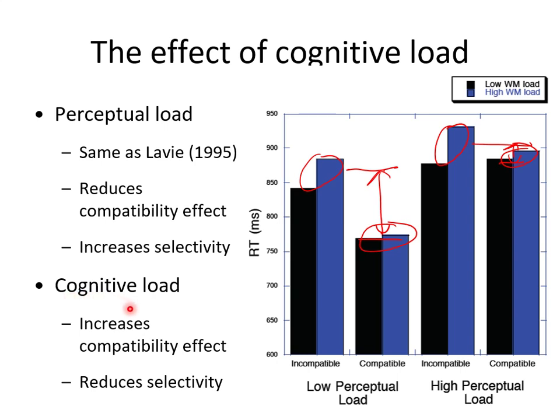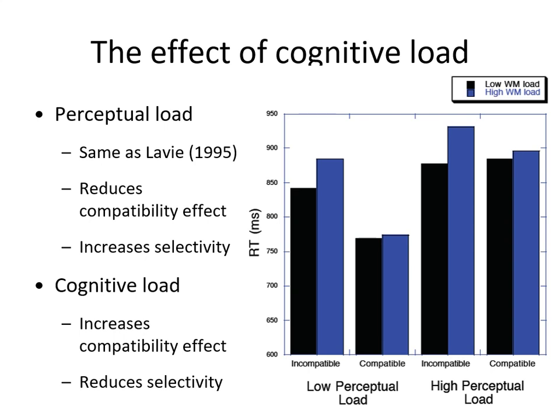Then what about cognitive load? Let's just take a look. Now, first, the black bars. Let's just first focus on the low perceptual load side first, and then we'll go to the high perceptual load because we will look at this twice.